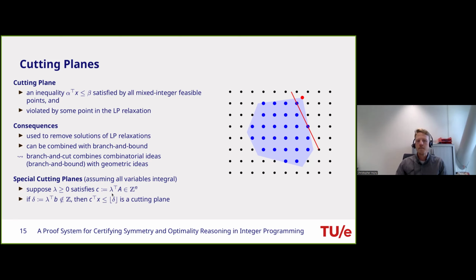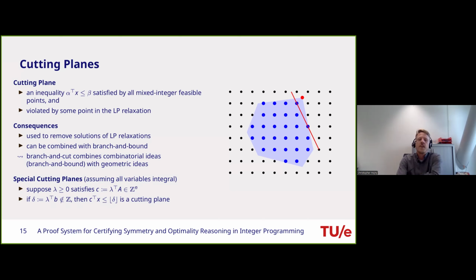And if it happens that this aggregated inequality produces a vector C in which all the coordinates are integer, then I can derive a new inequality that for sure holds, namely by saying that C transposed x is at most delta. And if it happens that delta takes a non-integer value on the right-hand side, then I can also compute the floor value to strengthen this inequality.